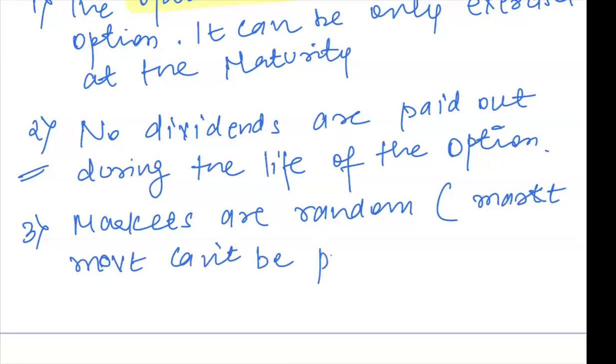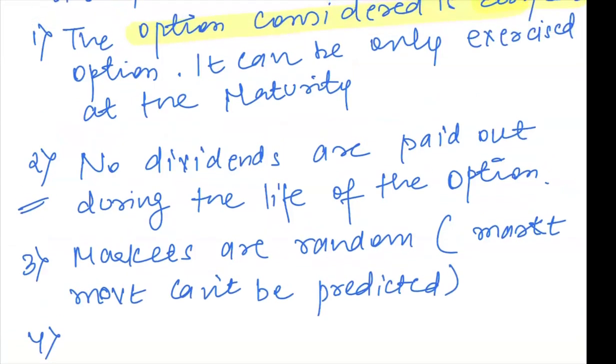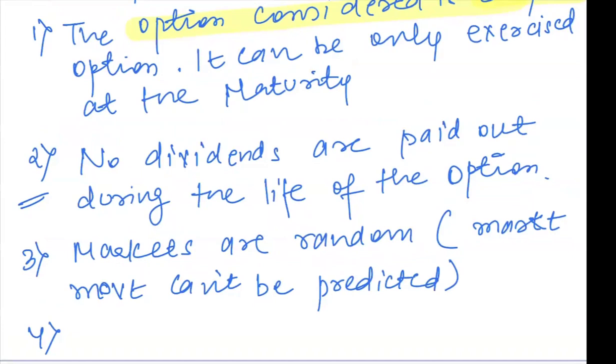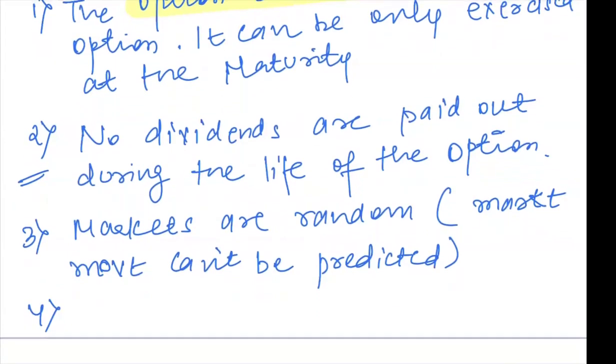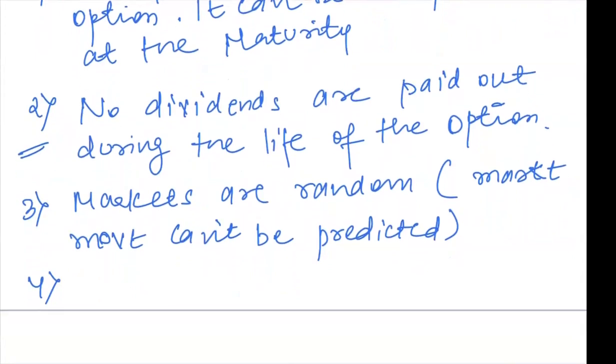Also, guys, one more thing: I have taken all these assumptions from Investopedia, because I saw certain deviations elsewhere, and Investopedia is the best resource I have found for finance up till now. So all these assumptions are taken from Investopedia. Markets are random, which basically means that markets can't be predicted. Fourth assumption is that there are no transaction costs.